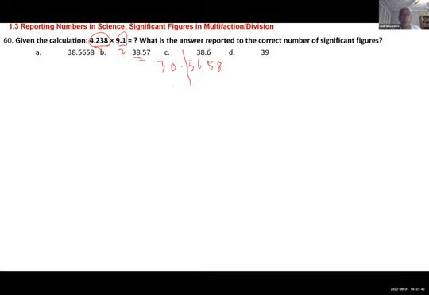Therefore, it should be 31. Let me see whether I got 38. I'm sorry, I didn't write it. 38.5658. When you round off 38.5658, it becomes 39. If it's equal or greater than 5, then you add to the next number. So the answer is D.